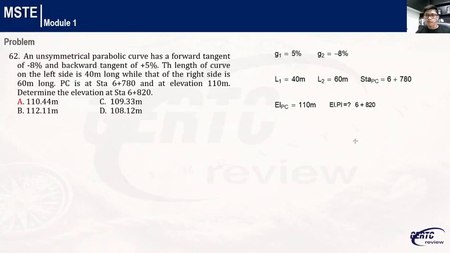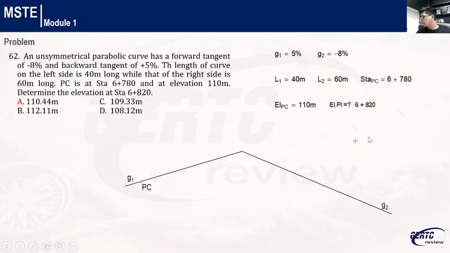Okay? Sige. So, i-draw muna natin yung ating grades. So, ito yung backward tangent. May grade tayo G1, that is 5%. Forward tangent, descending siya, that is negative 8%. Okay, ito yung PC natin. We have here the point of tangency. Then, ito yung PI natin.